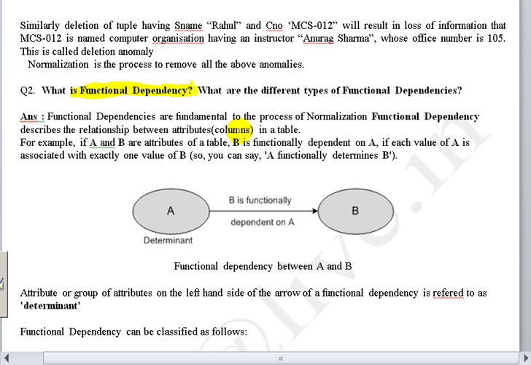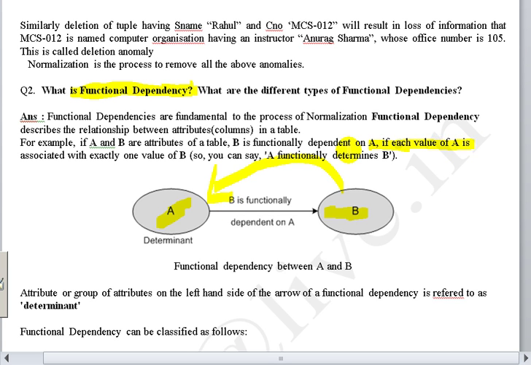So in the diagram here we have an A and a B. These are attributes of some table. We say B is functionally dependent on A if each value of A is associated with exactly one value of B, as you can see here.